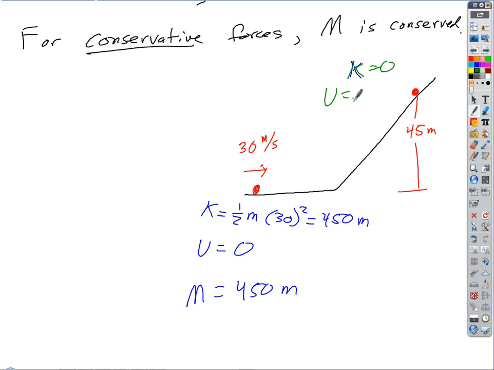Well, hold on now. What's the formula for gravitational potential energy? So mgh, right? So m times 10 times 45 meters is what? 450 m, right? And so the total then is 450 m up there also.